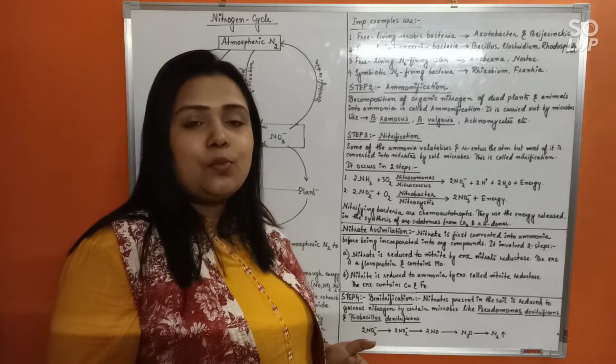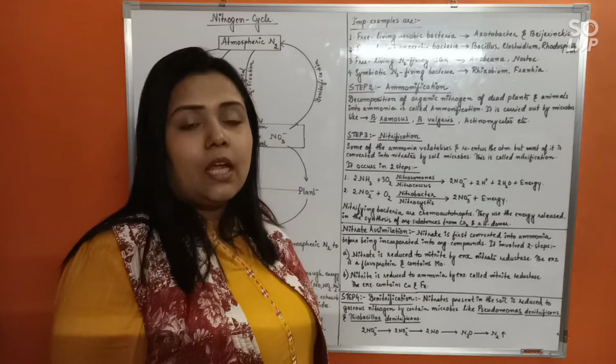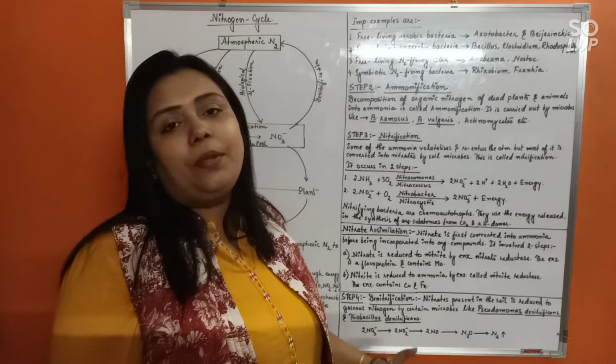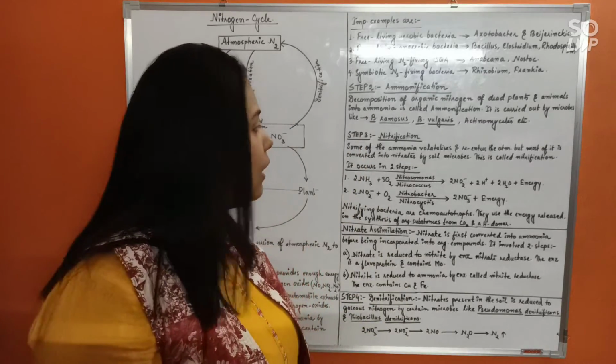The amino acids will be then deaminated to form organic acids. This organic acid will be finally used by the bacteria for their metabolism. Alright, this is how ammonification occurs.